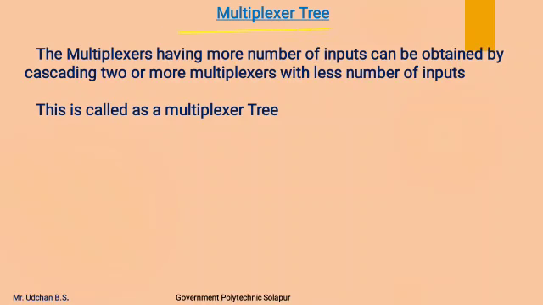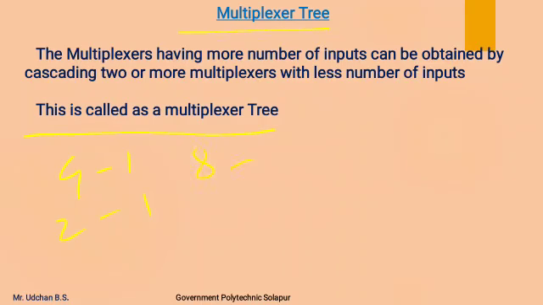Now next is the multiplexer tree. Multiplexers having a larger number of inputs can be obtained by cascading 2 or more multiplexers with fewer inputs. This is called a multiplexer tree. Means we can obtain a 4:1 multiplexer using 2:1 multiplexers.